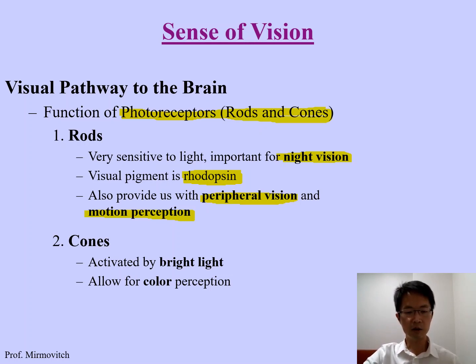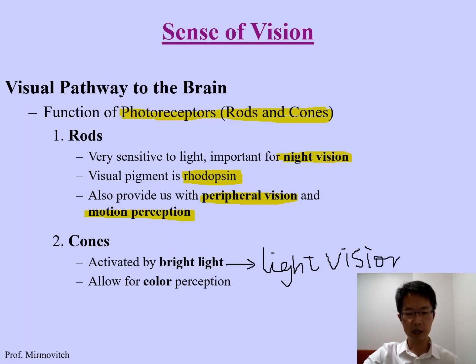On the other hand, cone cells are activated by bright light, so it is for light vision, meaning that we use cone cells to see things in daytime. They allow for color perception, because we have three types of cone cell.